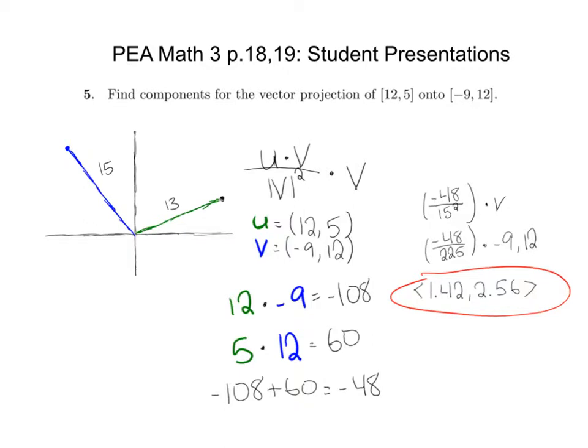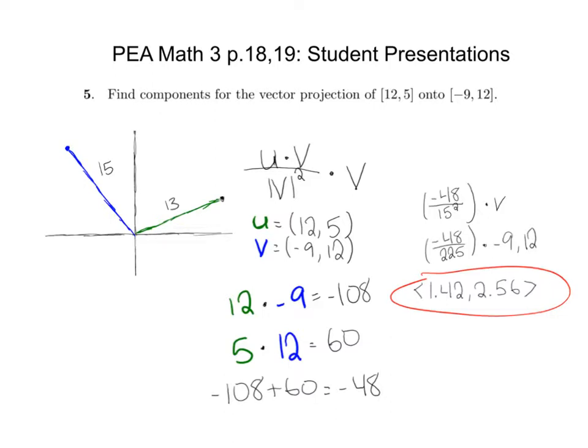So on page 18, number 5, basically it asks you to find the components for the vector projection of <12, 5> onto <-9, 12>. And in order to get the vector projection, you have to use this equation. Basically, when you do that, you have to take u and multiply it into v. So we did that right there, and we got negative 48 out of doing negative 108 plus 60.